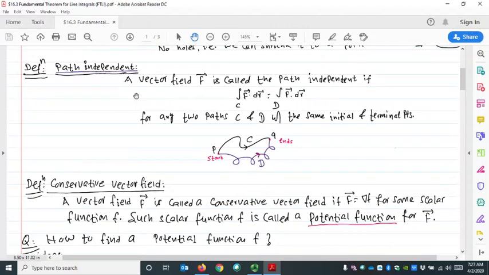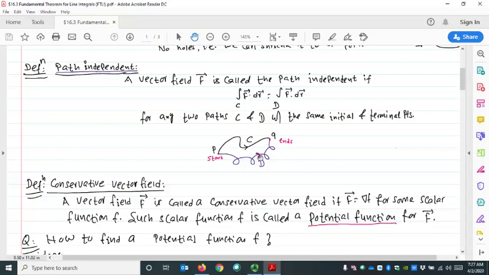A vector field, which is denoted by capital F, is called path independent if the line integral of F over C equals the line integral of F over D for any two paths C and D with the same initial and terminal points. So let's say the curve starts at P and ends at Q. One path is the C path, another path is the D path.